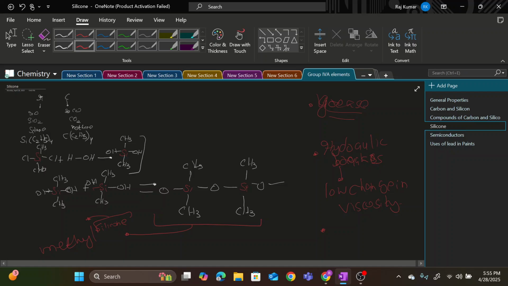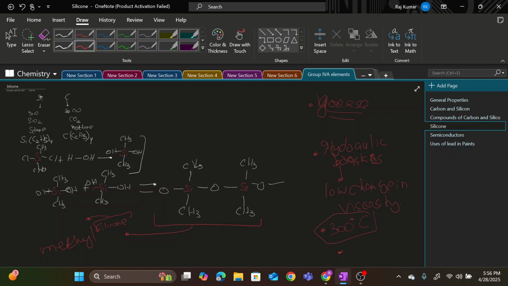Methyl silicone, because it is having methyl group at the end, which produces a steric effect, can even resist chemical reaction at 300 centigrade. At 300 centigrade, no acid formation, no oxidation, no other reaction would happen to methyl silicone.